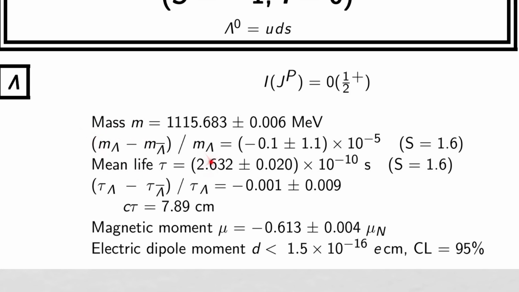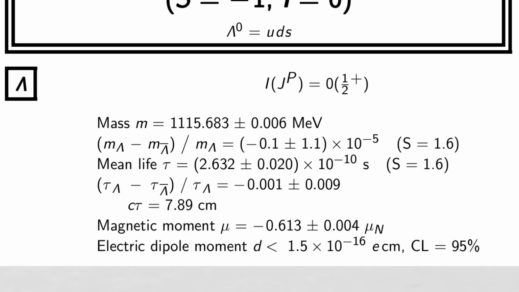If this number is not 0, that means the particle and the antiparticle have different masses. But you'll notice that the value is minus 0.1, but the confidence interval is 1.1, so it includes 0. So this difference may be 0. Likewise, the lifetime of the particle and the antiparticle also has an interval that includes 0. So that's kind of cool.